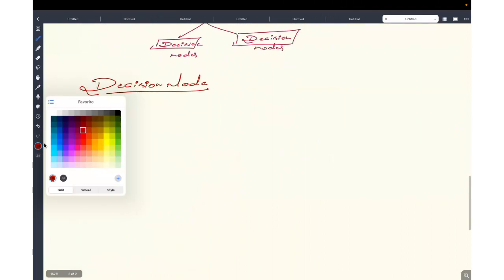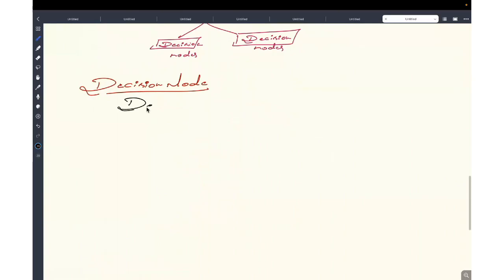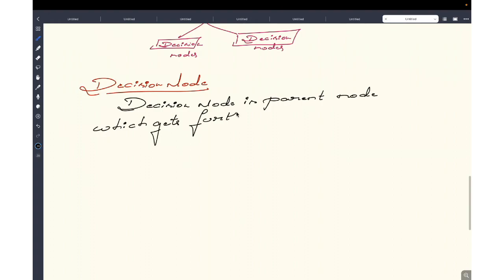So a decision node is like a parent node, which gets further split into terminal nodes, or we also call it a leaf node.